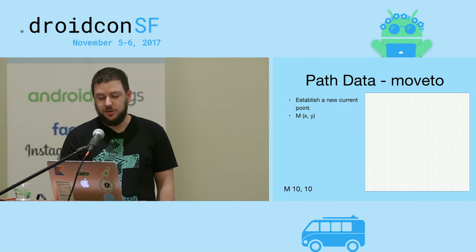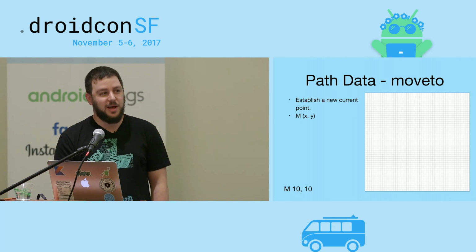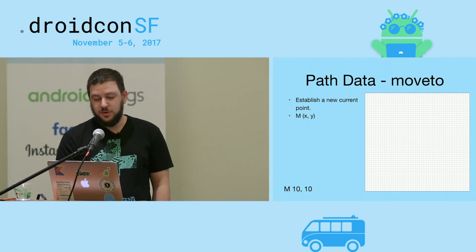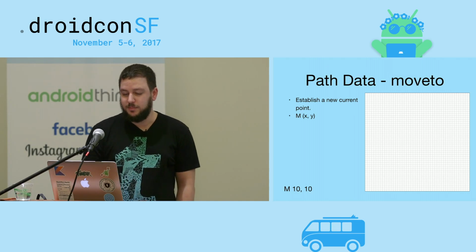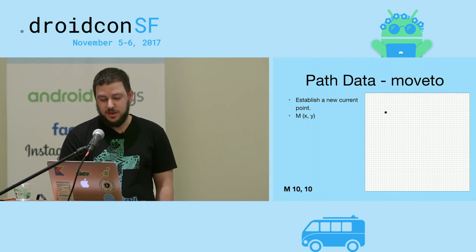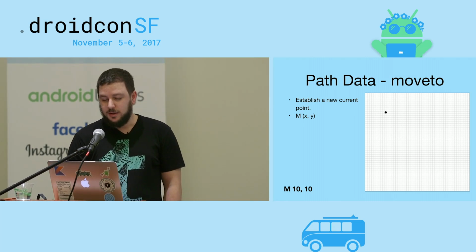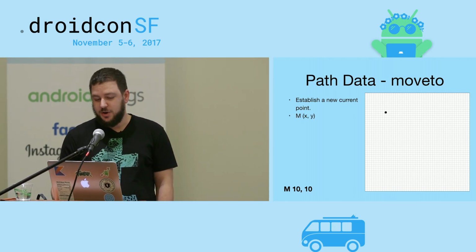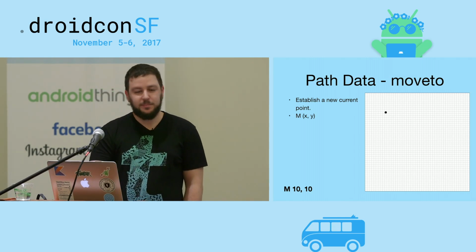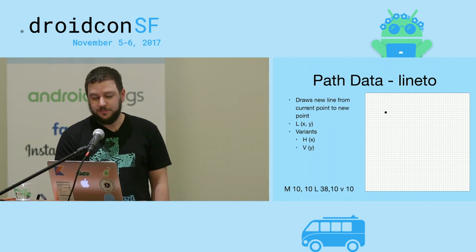A nice analogy to keep in mind as you read path data is to imagine drawing on a piece of paper with the current point being the location of your pen. The first command, the move to command, establishes the new current point. The effect is as if you lifted the pen off the paper and moved it to a new location. And every path segment has to start with the move to command.